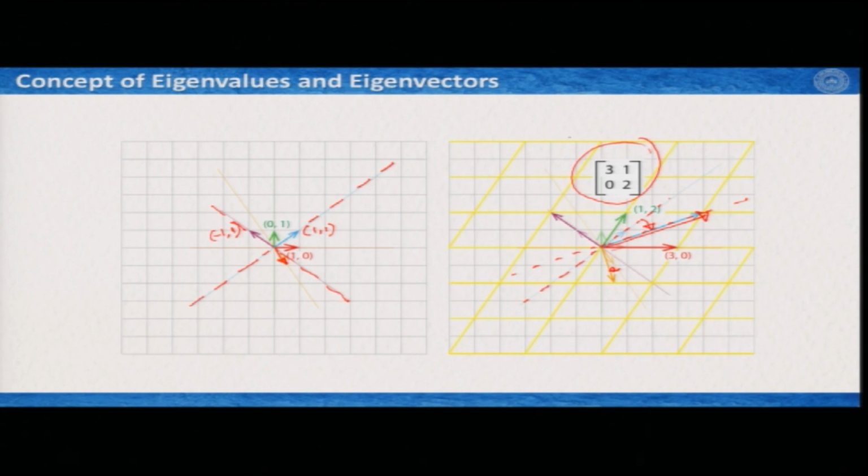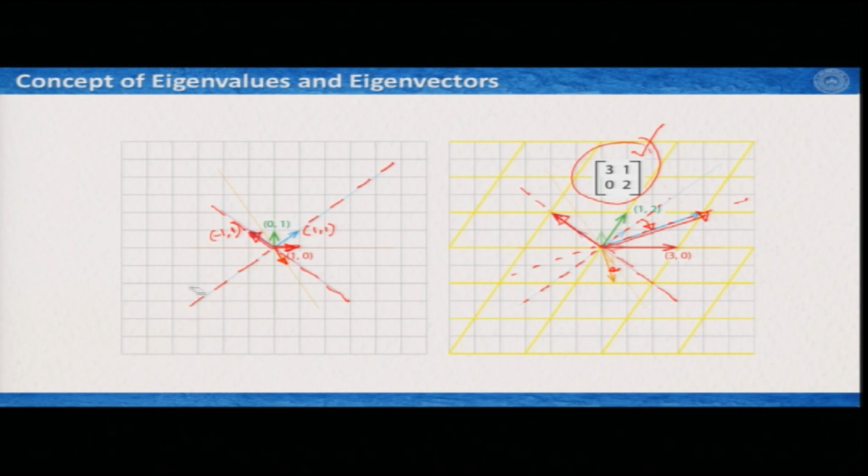Then after the application of this D matrix, it takes the form like this, and interestingly the span remains the same, it did not rotate. So, we found two vectors, this red unit vector and this purple unit vector, that did not rotate after application of this transformation.